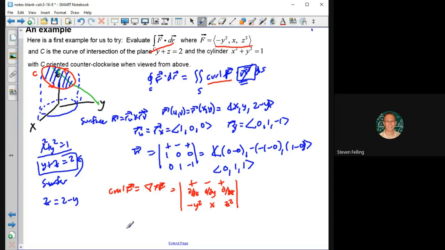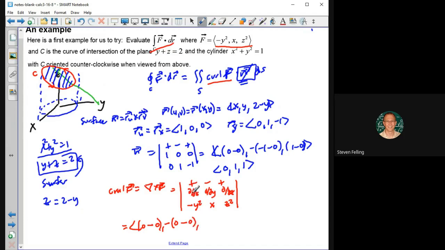So this is going to be a vector. It'd be the partial derivative of z squared with respect to y, which is 0, minus the partial derivative of x with respect to z, which would be 0, and then negative of the partial derivative of z squared with respect to x, which is 0, minus the partial derivative of negative y squared with respect to z, which would be 0.